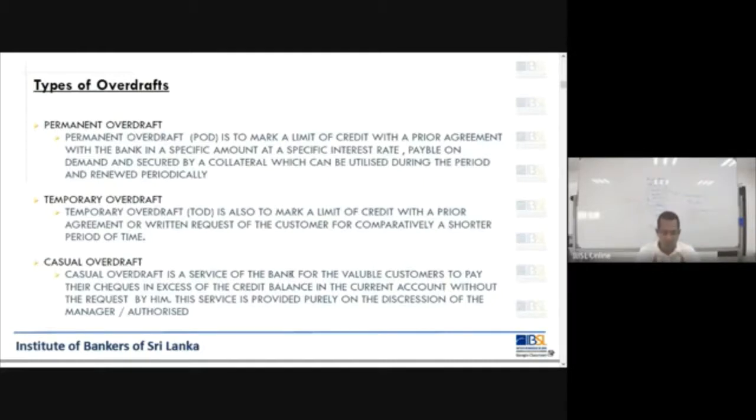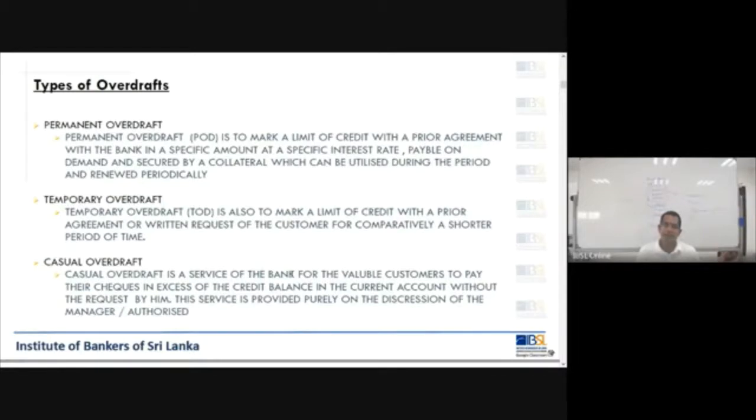Temporary overdraft should be granted with the written request from the customer. Permanent overdraft, you should have an offer and acceptance, right? Temporary overdrafts can be with or without security. Mainly temporary overdrafts are without security.